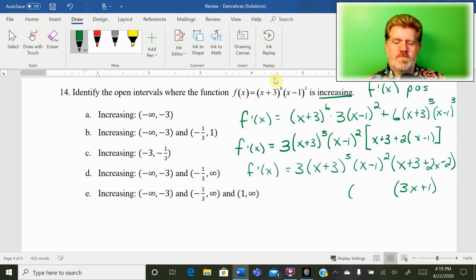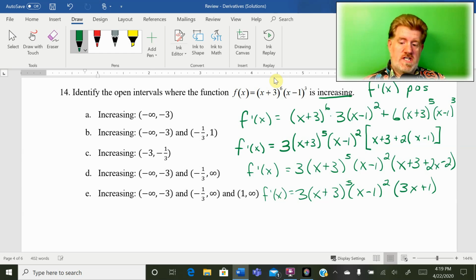Okay. That's my first derivative. Set it equal to 0. It's going to be 0 at -3, at 1, and at -1/3. Hey, look, -3, -1/3, and 1. We got all the points.